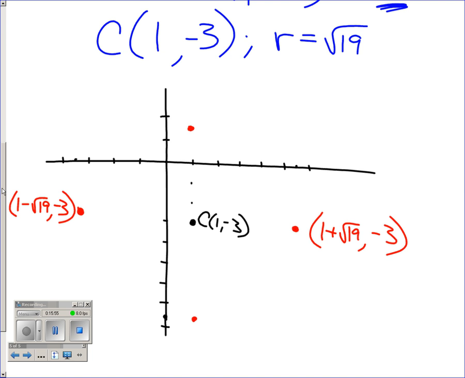And again, what are their coordinates? Well, the x coordinate now is not changing. But from -3, we're going up the square root of 19, so -3 plus root 19 up here, that's up the radius. And then down here, it's -3 minus the square root of 19. We're going down that radius length.